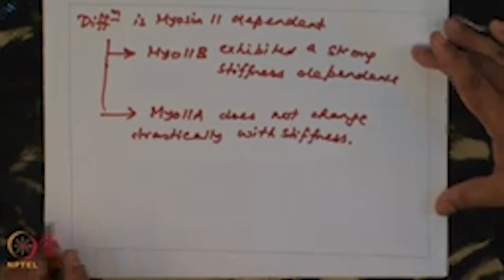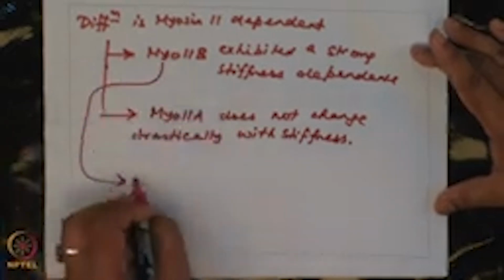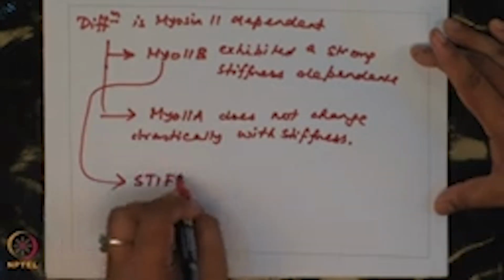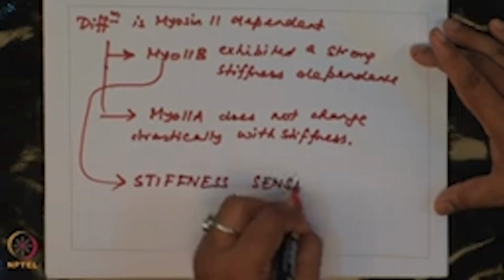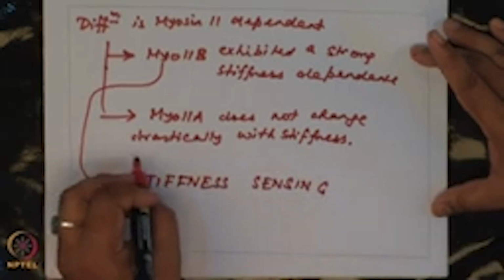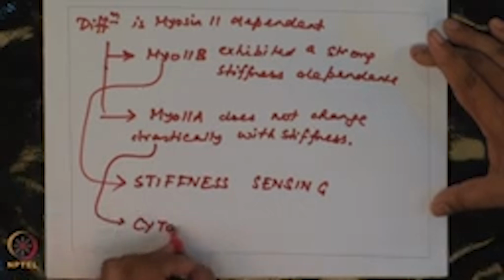So, this suggests that 2B is associated with stiffness sensing, and 2A probably contributes to the cytoskeletal organization.